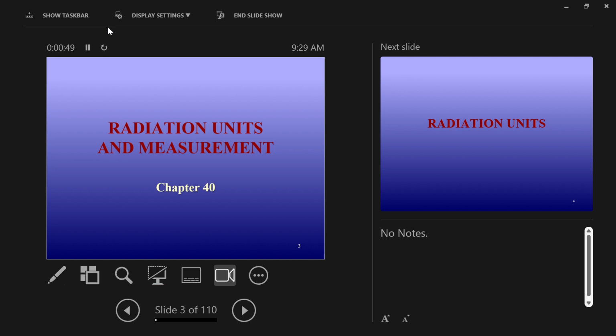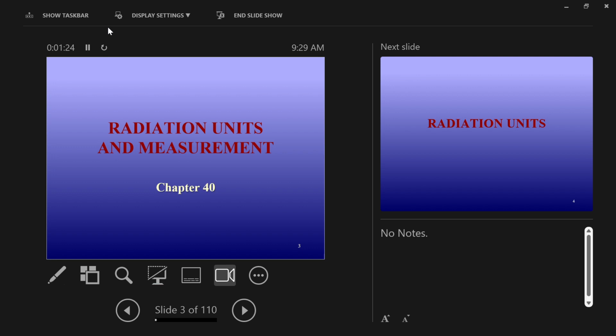So these are the four ways that we're going to talk about measuring radiation.